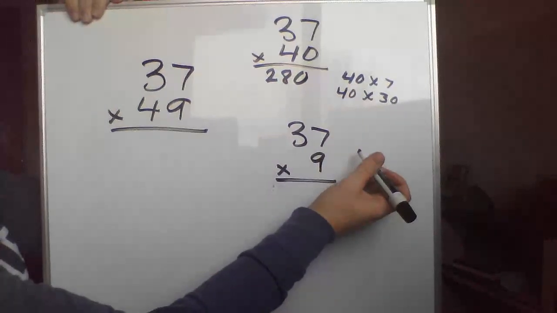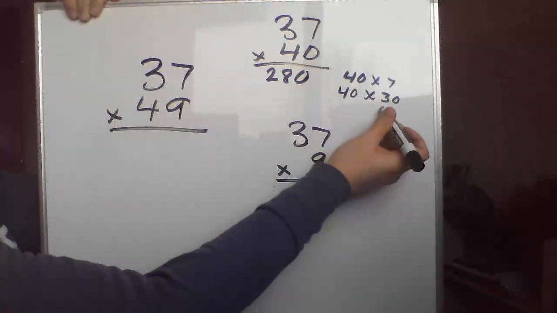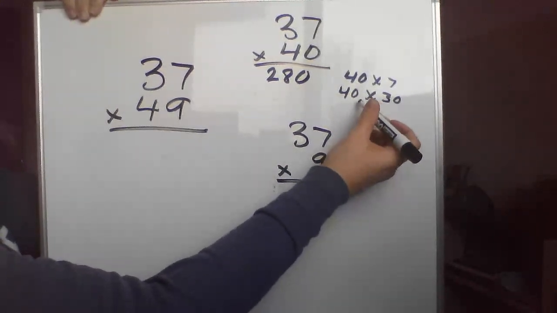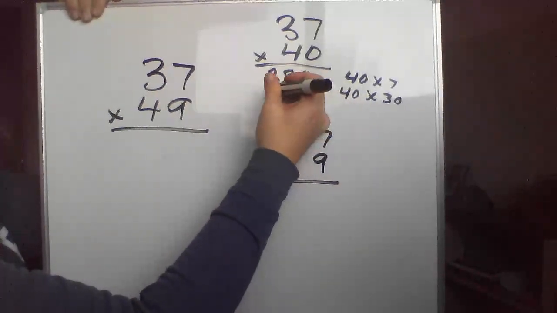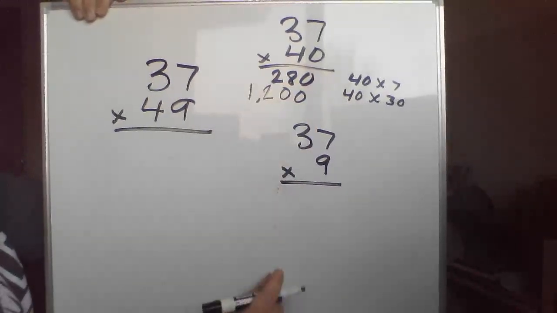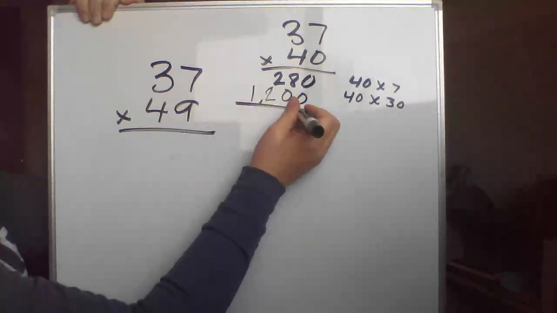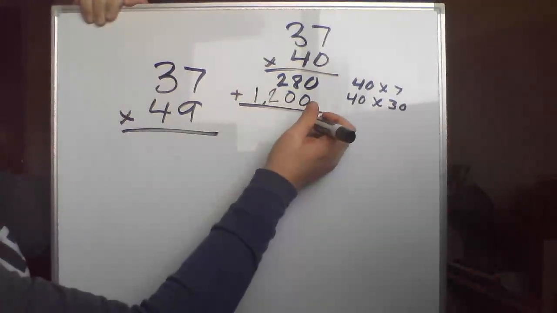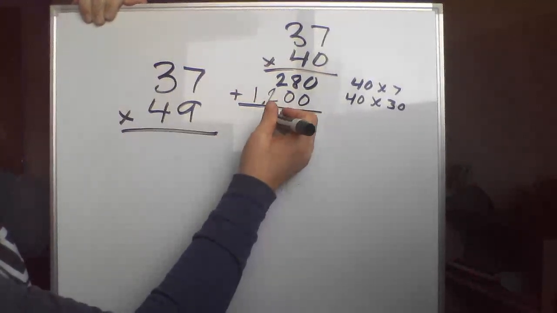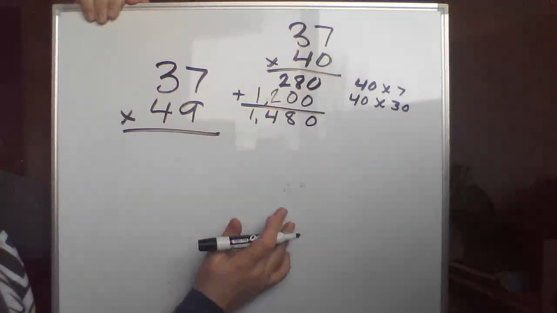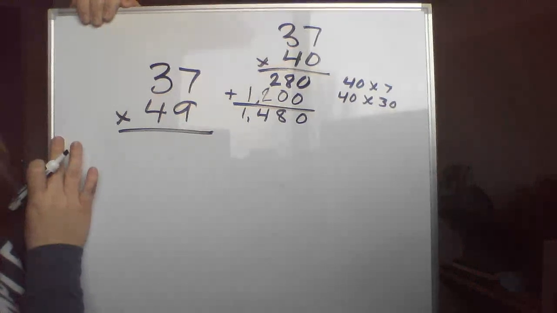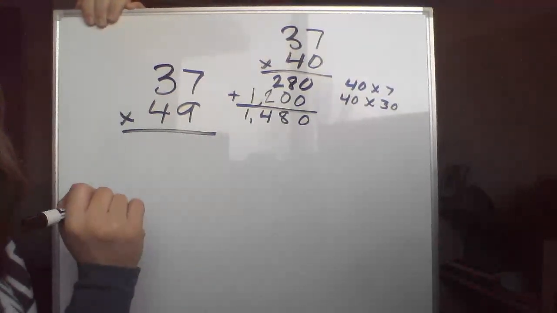Add your 0 back in. 4 times 3 is 12 plus 2 zeros gives us 1,200. When we add those together, 0, 8, 4, and 1, 1,480. That's one of our partial products.